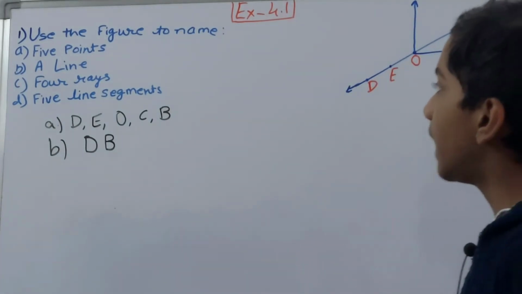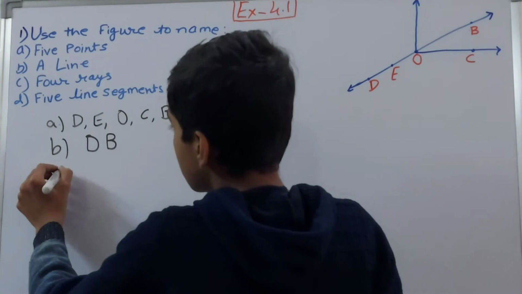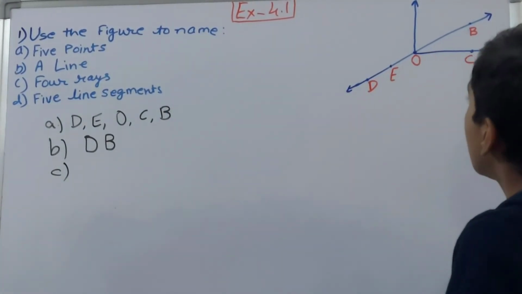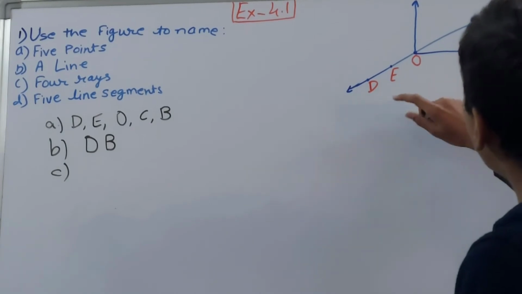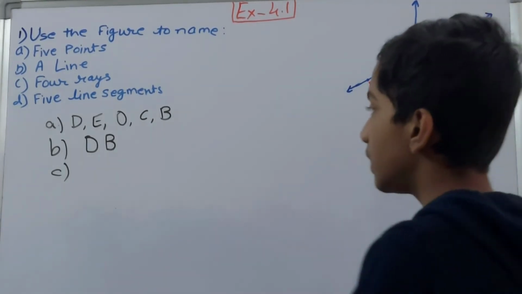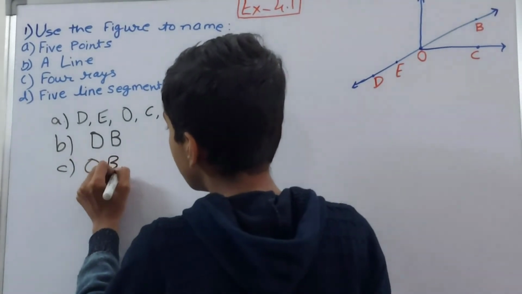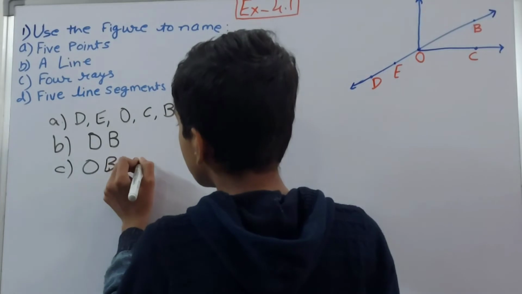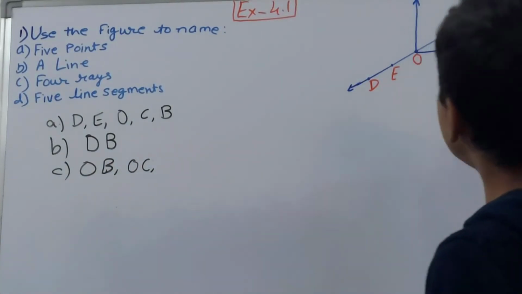Now next we have 4 rays. Let us see 4 rays. Let us start from O. We have OB, which is 1 ray, then OC is also another one. And what else can we see here?